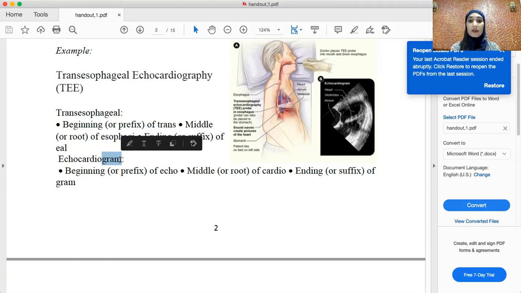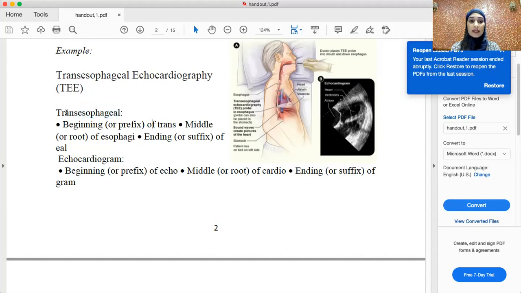All right? Why do we have esophageal? Because the tool, the probe, is placed through the mouth into the esophagus, right?